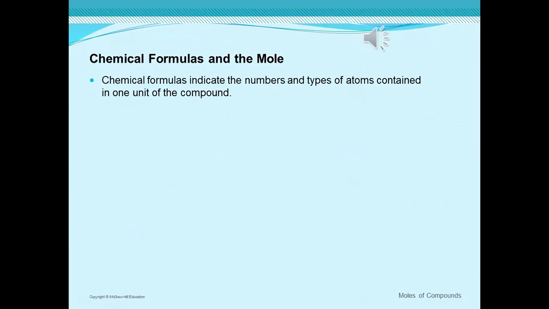So, Abdullah, what is meant by chemical formula? Indicates the number and types of atoms contained in one unit of the compound. Good. Mazen? Chemical formula indicates the number and types of atoms contained in one unit of the compound.